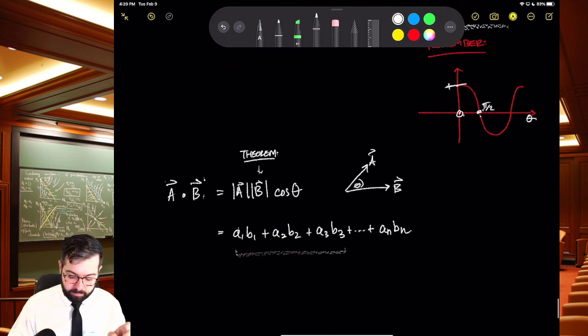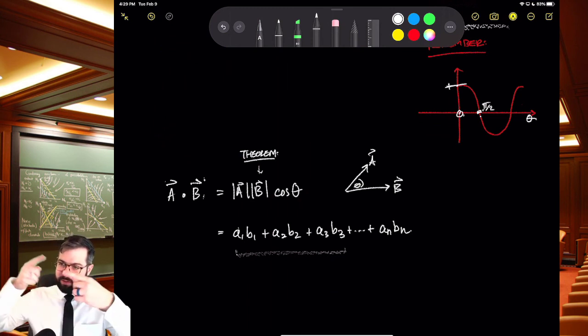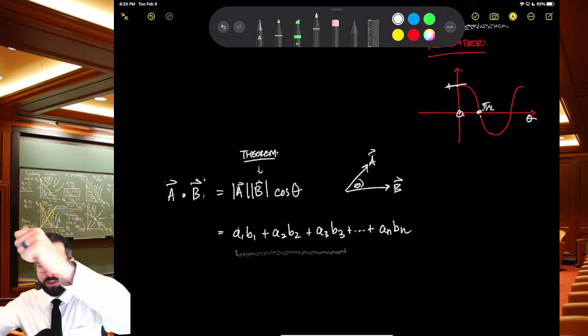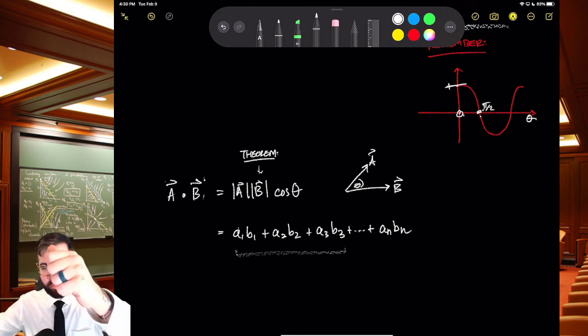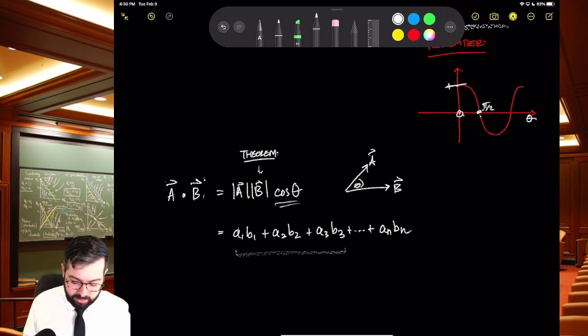But what we get is a sum of the product of all the components, which, if you think about it, makes sense, because if they're closely aligned, the components are going to scale each other up and make a larger product. If they're pointing in different directions, it's going to end up shrinking that down in the same way that this cosine does that same thing.